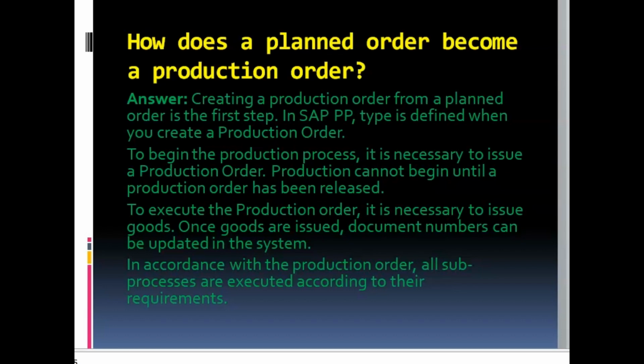To execute the production order, it is necessary to issue goods. Once goods are issued, document numbers can be updated in the system. In accordance with the production order, all sub-processes are executed according to their requirements.